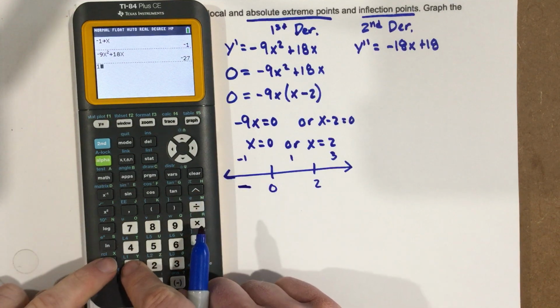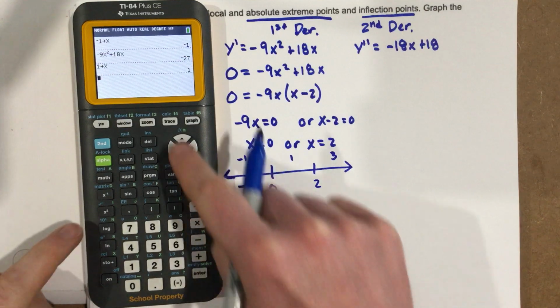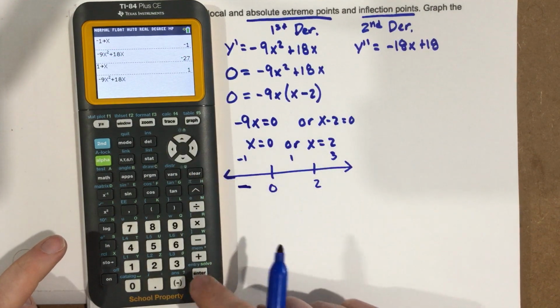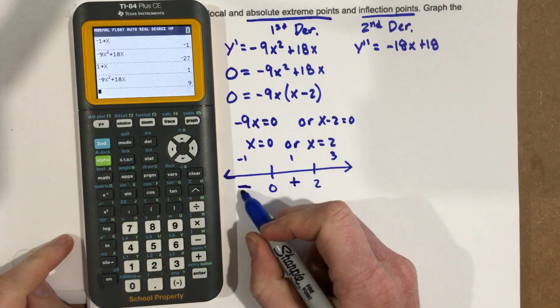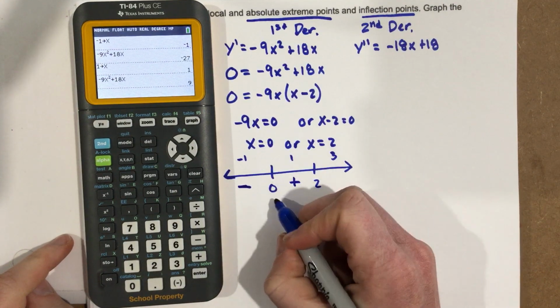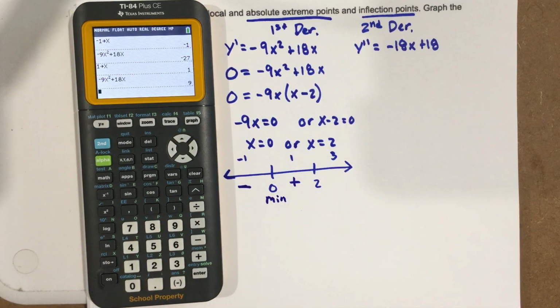Now I'm going to store 1 as x. Pull that function back in. Positive in the middle, so increasing slope here. This tells me if I go from negative to positive that I have at least a minimum. I don't know if it's absolute, but it's at least a local minimum.